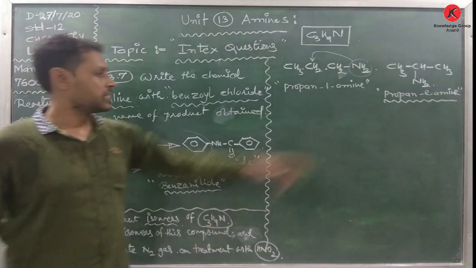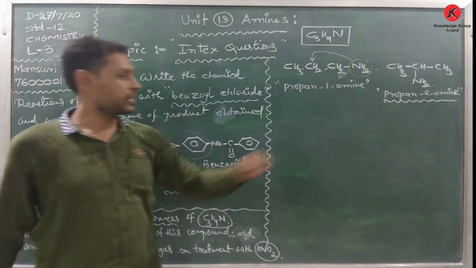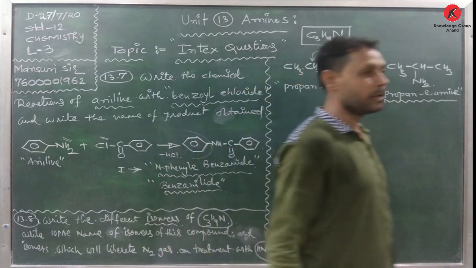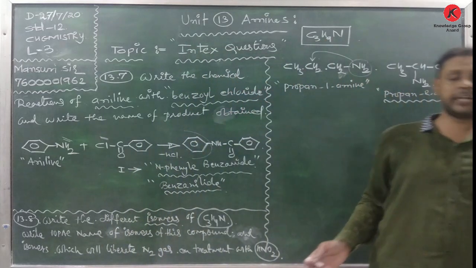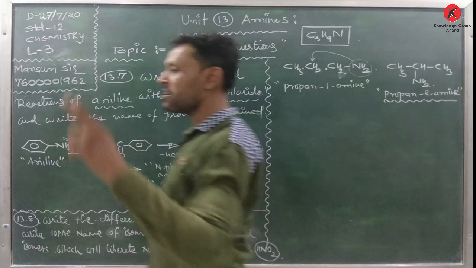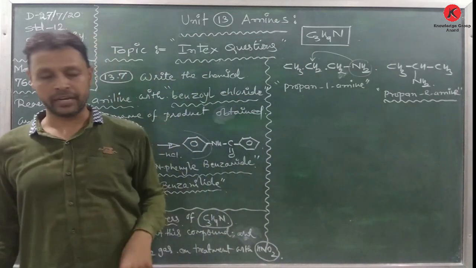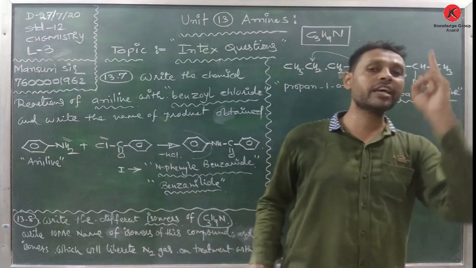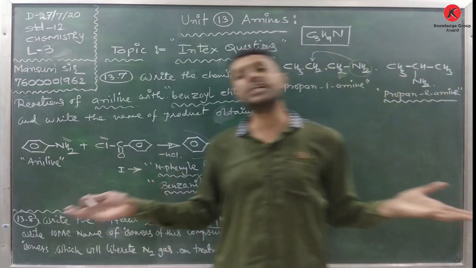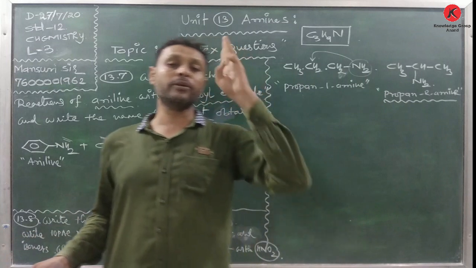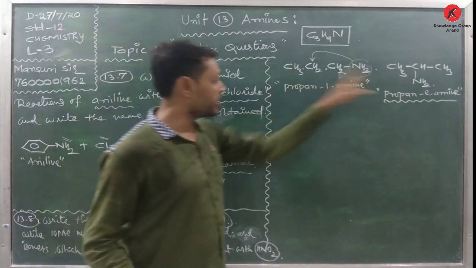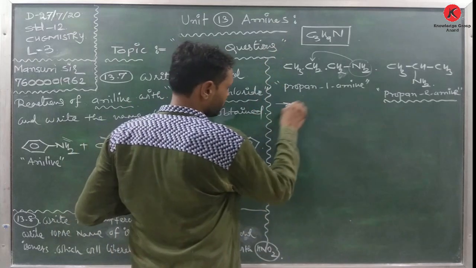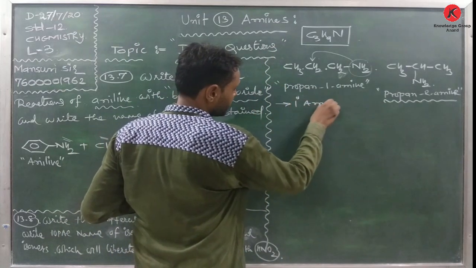You think that this is my primary amine. This is also a primary amine, because in any amine compound, if nitrogen has 2 hydrogens, it is known as a primary amine. If nitrogen has only 1 hydrogen, it is known as a secondary amine. And if nitrogen doesn't contain any hydrogen, it is known as a tertiary amine. Here both are my primary amines, my 1 degree amines.